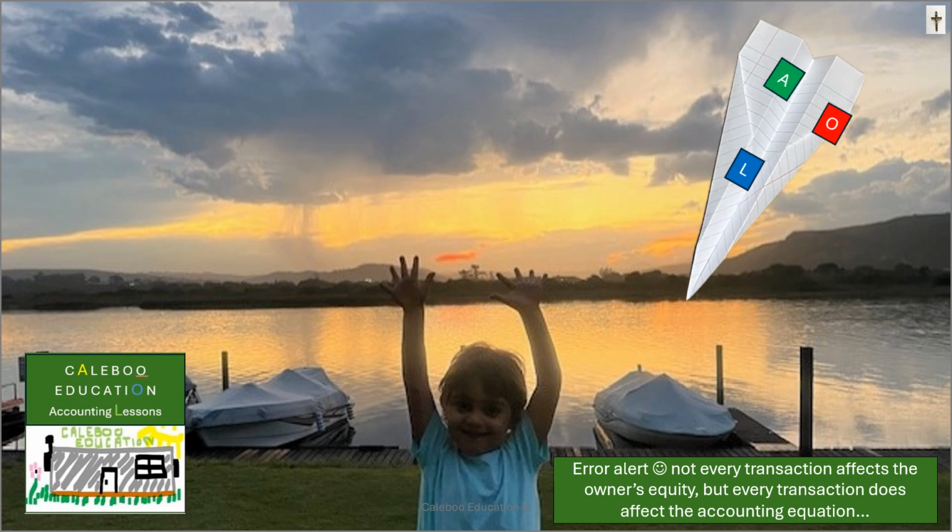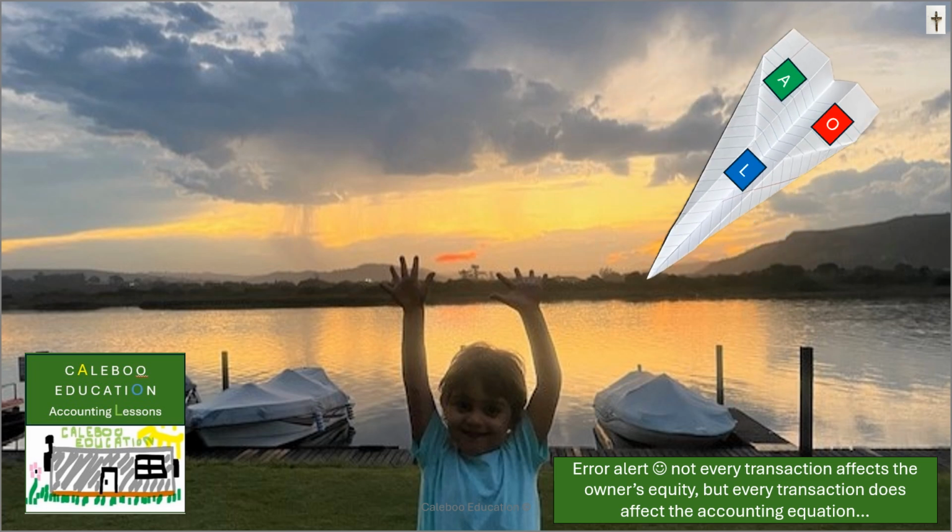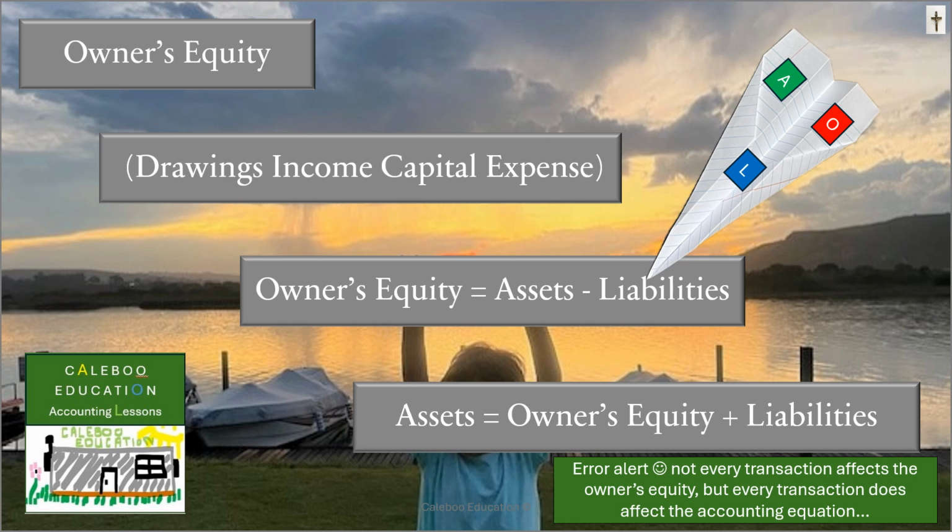Let's play around with what we've just touched on. In the previous slide, I mentioned owner's equity, liabilities, assets. So let's just take a closer look at owner's equity. What is owner's equity? Owner's equity is what the owner is worth.